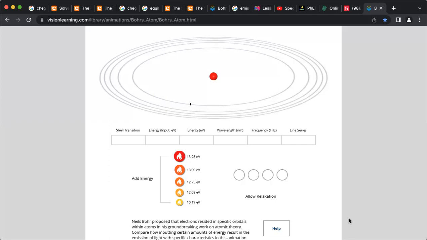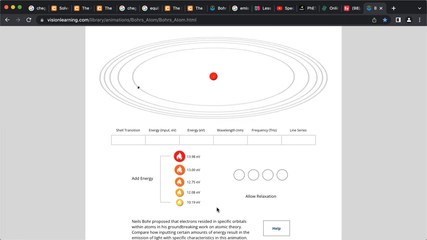If you look at these buttons over here, yellow, orange, red, they say the amount of energy that we are going to add to this electron.